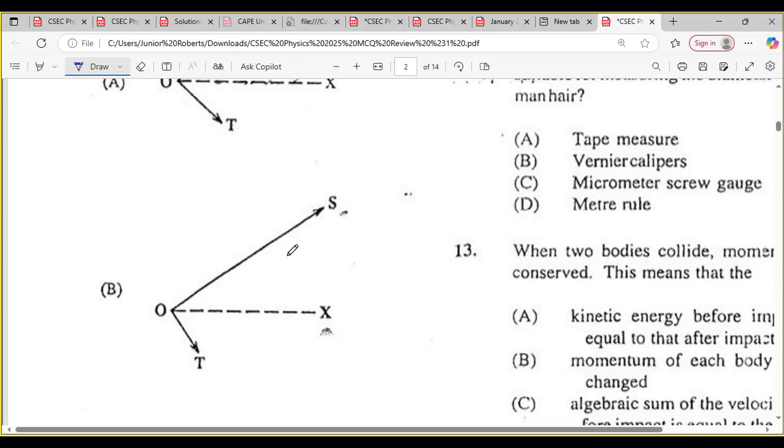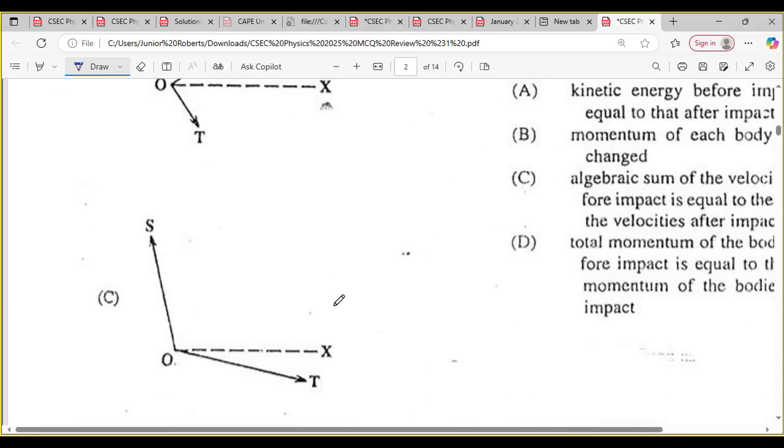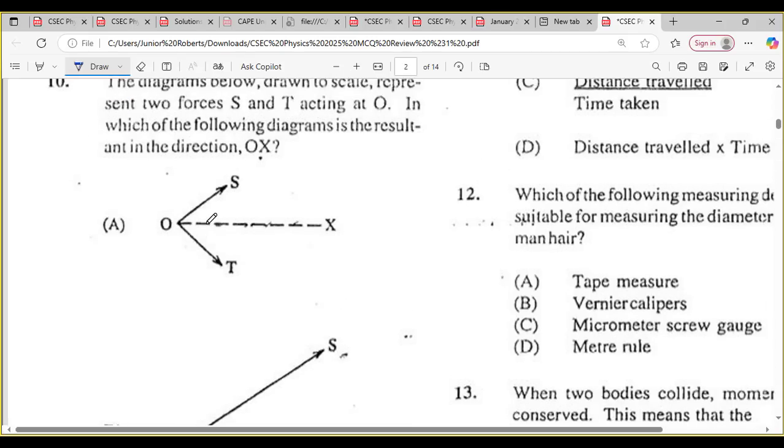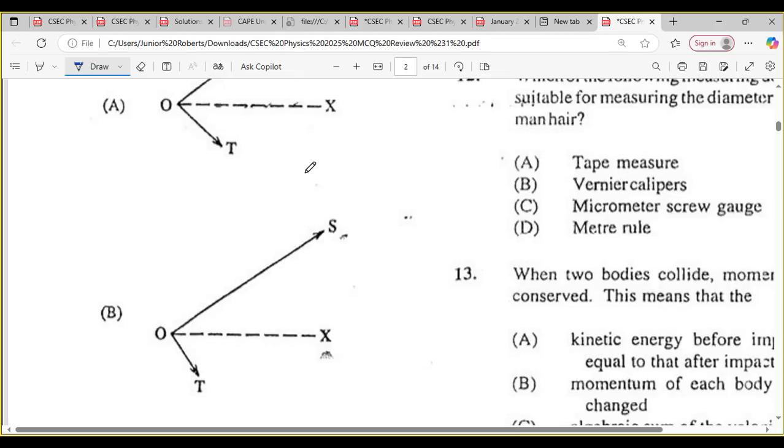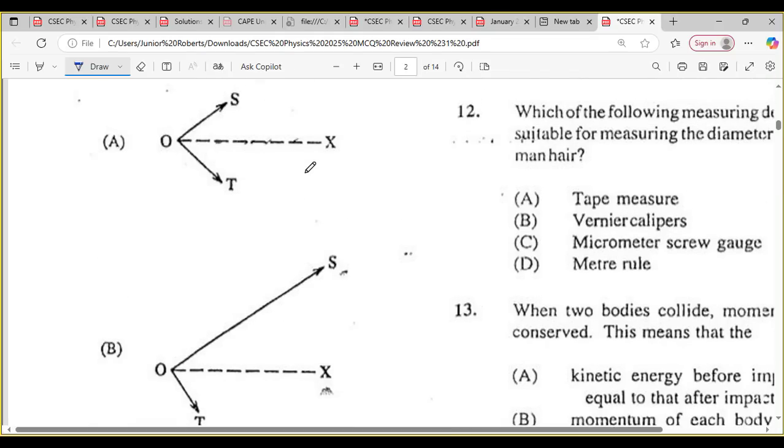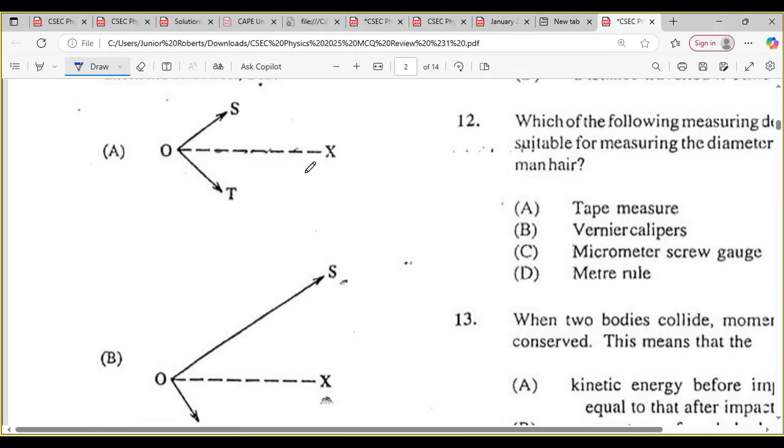Now, OX is along the horizontal, as we can see right here. So, for the resultant to act along the horizontal, both forces must have the same magnitude.